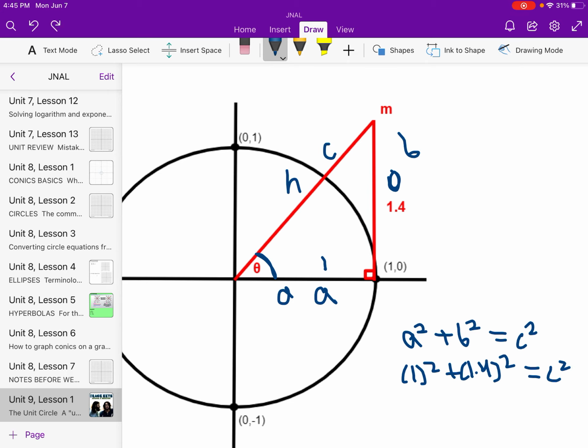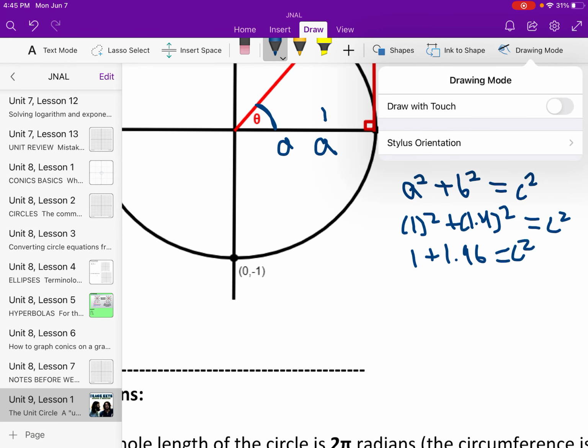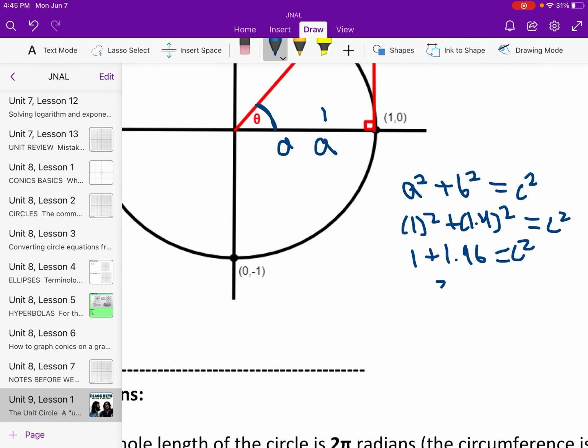So 1 squared is 1, 1.4 squared is 1.96, and c squared is just on that side. Then you have 2.96 equals c squared. Take the square root of 2.96. We can round to the nearest tenth. It is 1.7 approximately. So now we know that's what that side is.